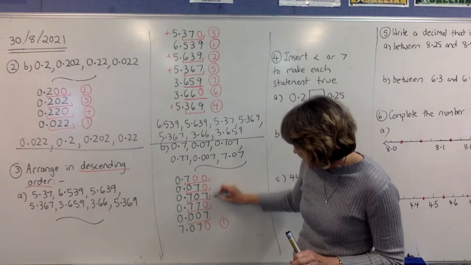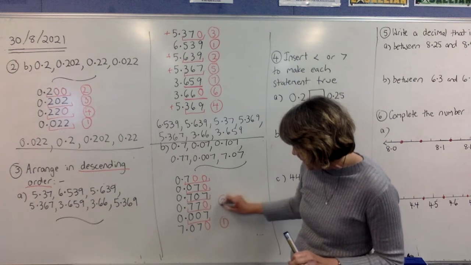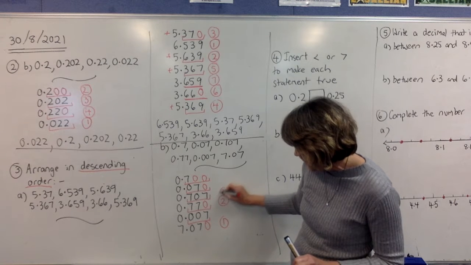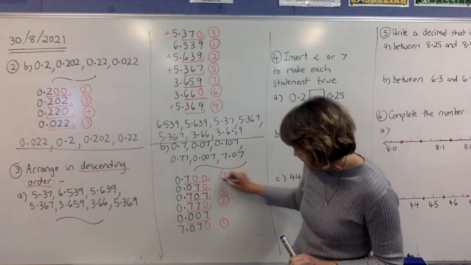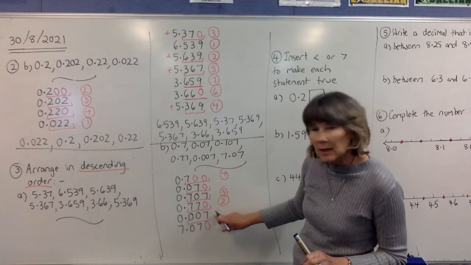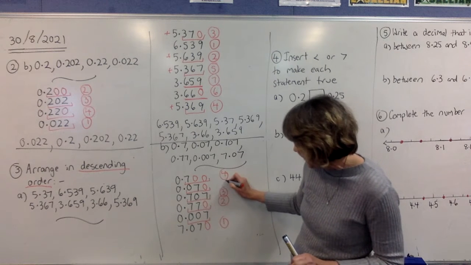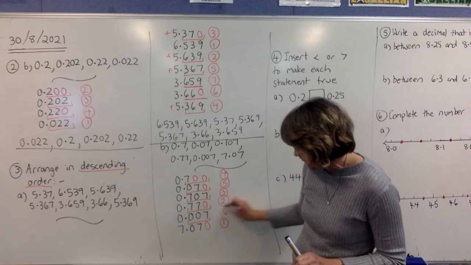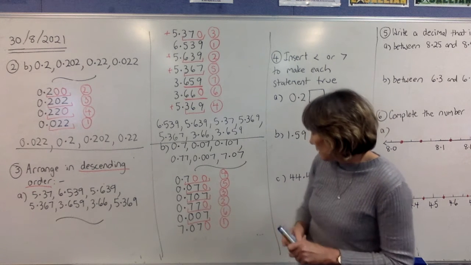So the biggest will be 770, then 707, then 700, and then we're left with 70 and 7. So 70 is next, and 7 is last.